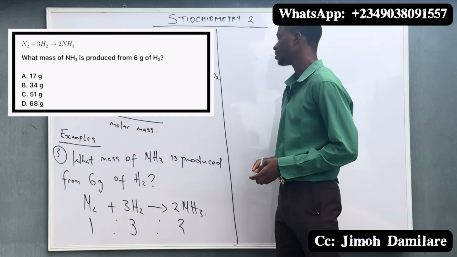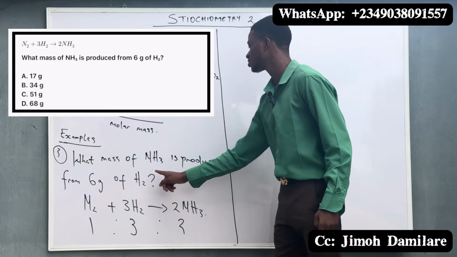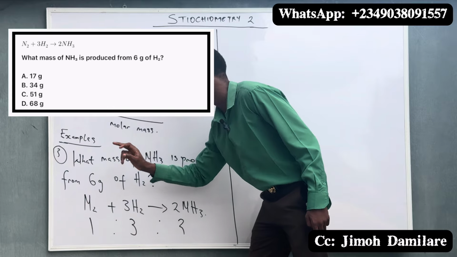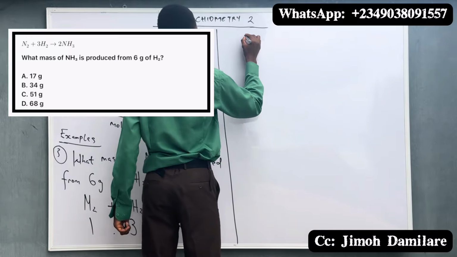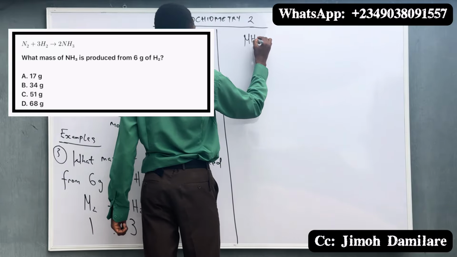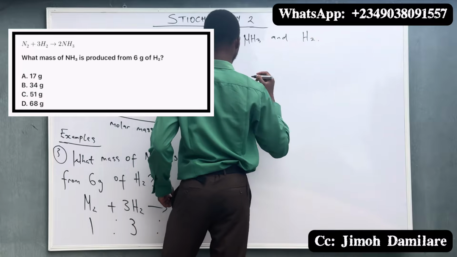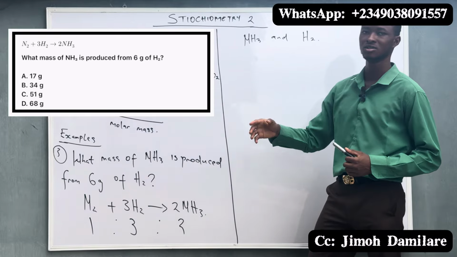The question is talking about ammonia, which is NH3, and hydrogen, H2. So you have no business with nitrogen. Nitrogen is out. These two, NH3 and H2, are what we are to focus on.